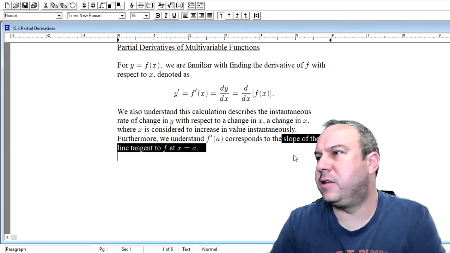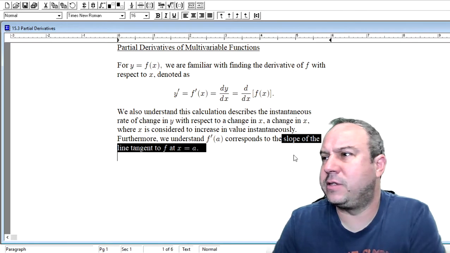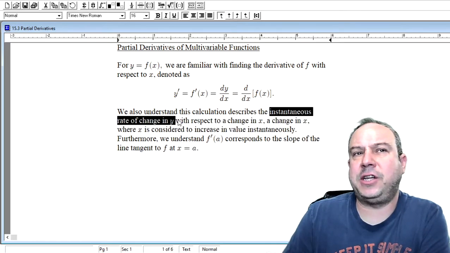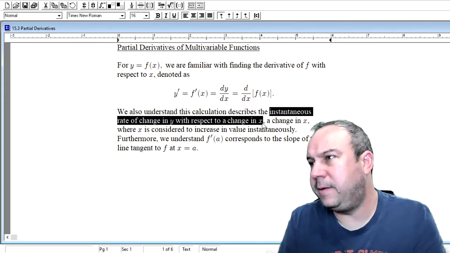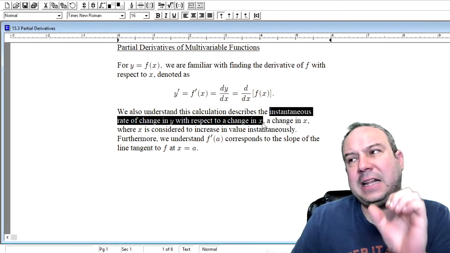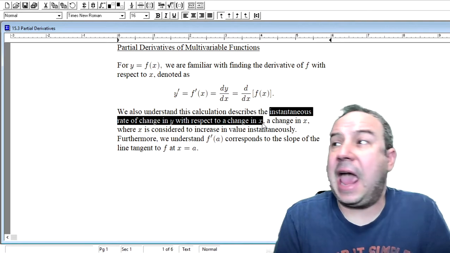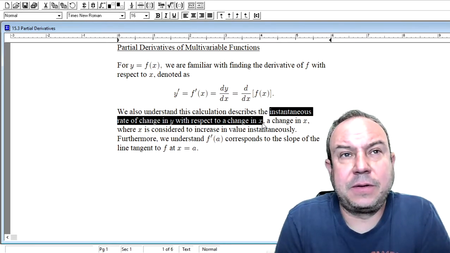We calculated the slope of the tangent line by examining the behavior for the slope of the secant line. How we examined instantaneous rate of change in y with respect to x back in Calc 1 involved an analysis of behavior for the average rate of change in our function, right?